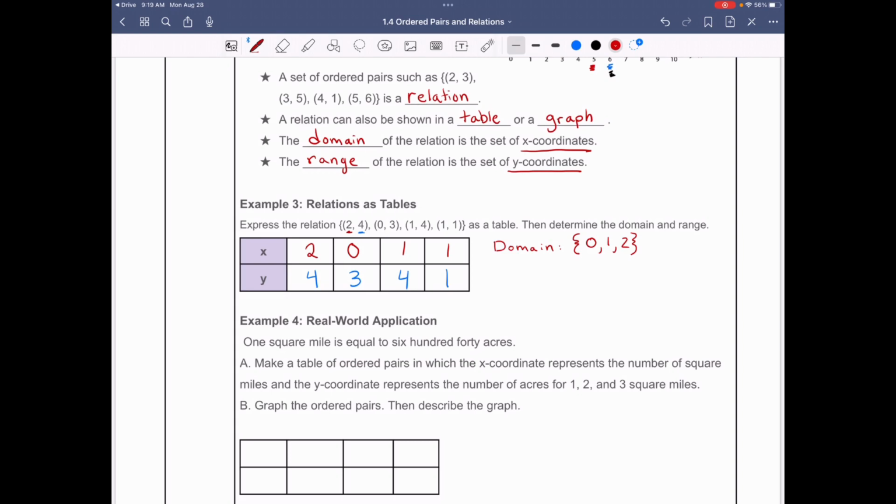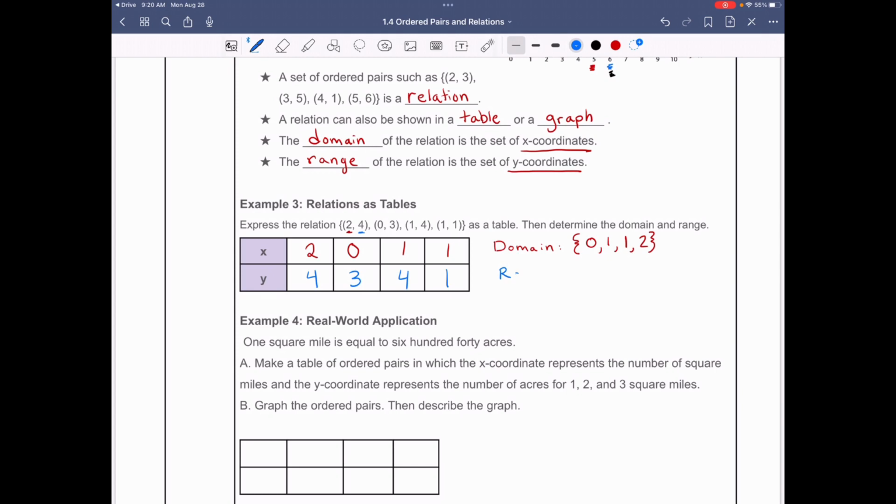Actually, I think we do, and the reason why is because when we're talking about functions, which will be in more advanced classes, you need to see that the 1 repeats. That's a very important thing because it makes it not a function if it repeats in the domain. All right, that's for later classes.